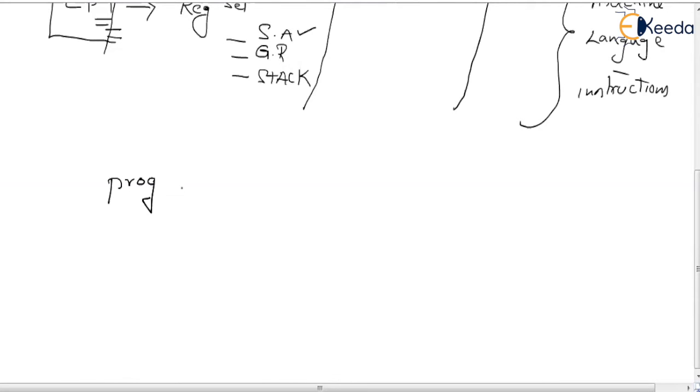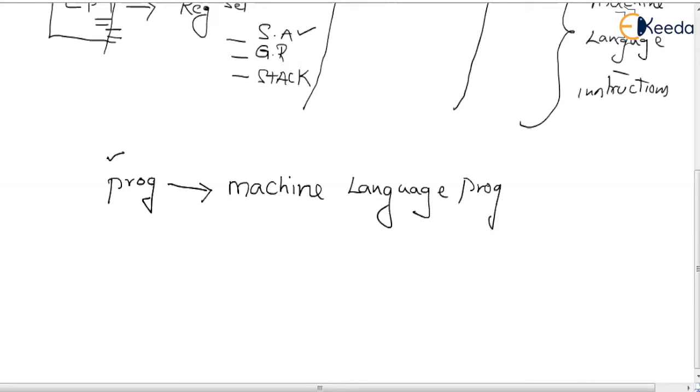But when you try to load this program in the main memory and execute it, this program should be converted into machine language. The high level language program is a set of high level language instructions, but a low level language program, that is a machine language program, is a set of machine language instructions.